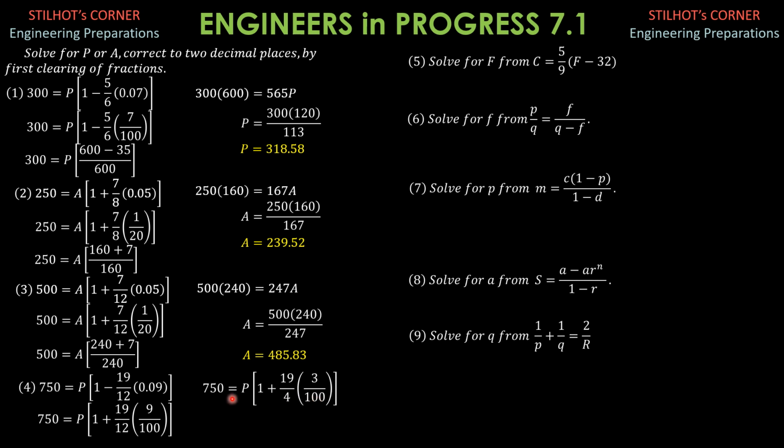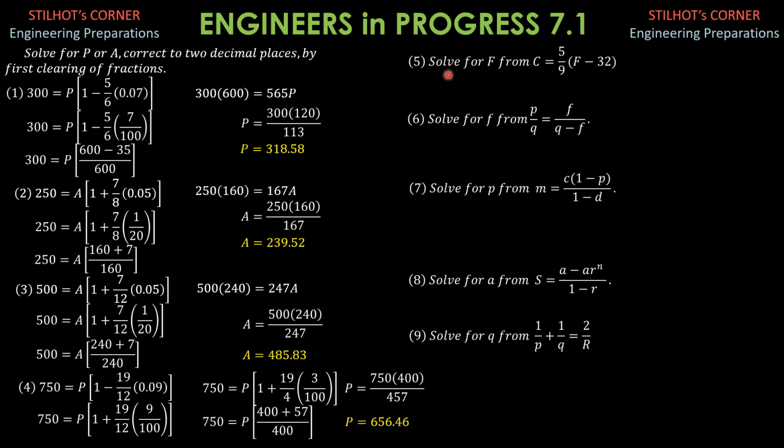So 750 equals P, quantity 400 plus 57 over 400. So P is 750 times 400, so 750 times 400 equals 457P. Finally, P is 750 times 400 over 457, and that is equal to 656.46.